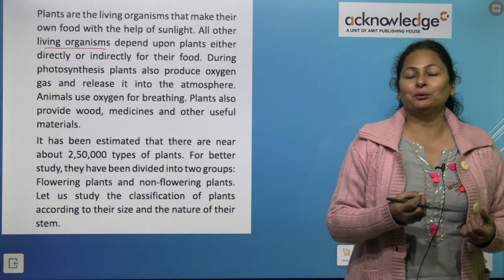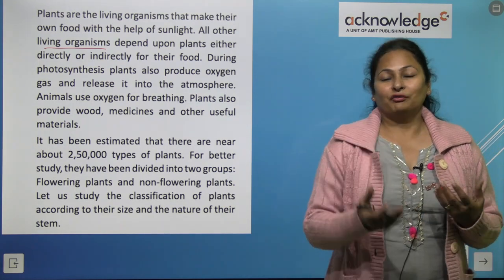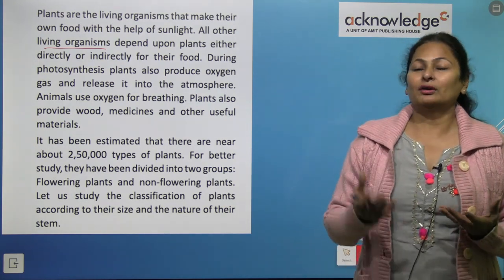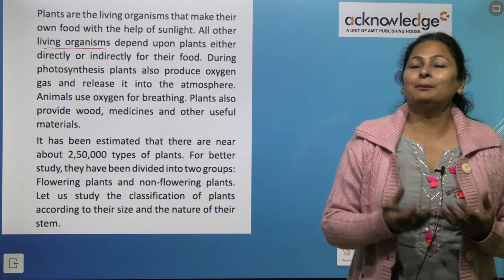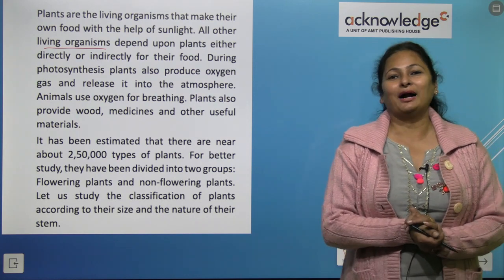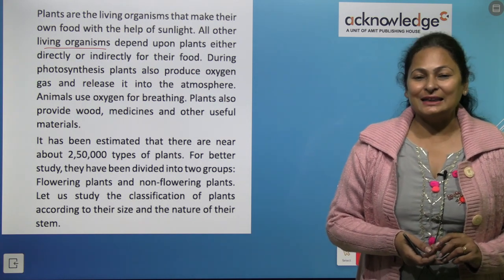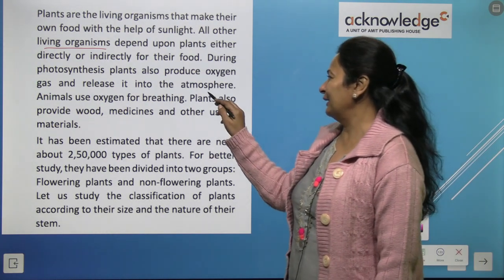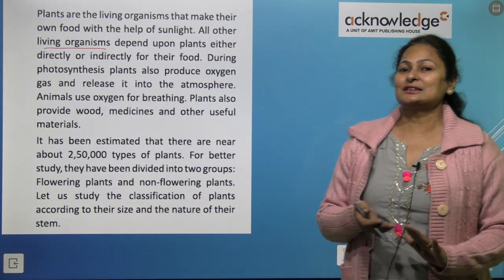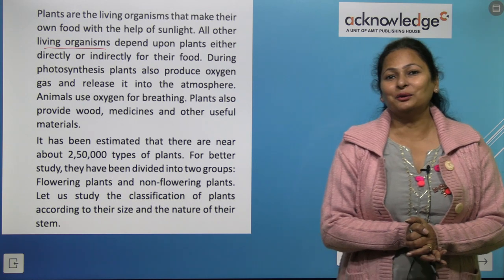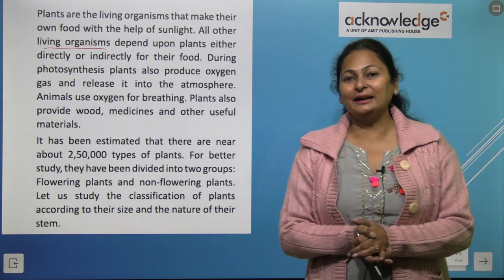First they consume the food for their growth and repair, and then the extra food is stored in the plant's parts in the form of starch. That's really good, kids.